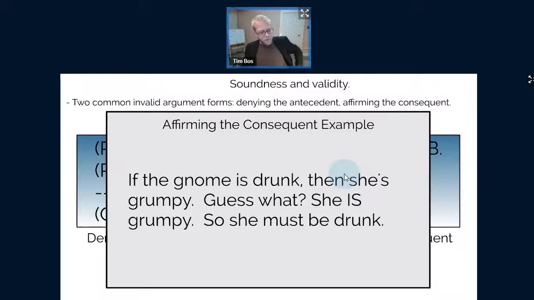If A is B, then C. Yeah, you should rather say if A then B. You don't have to put the is in there. The A, Anna, can stand for the gnome is drunk, right? So A will stand for a whole statement, right? The variables that we're going to use, the A's and B's or the P's and Q's, they stand for whole statements. Not all logic is like that, Anna.